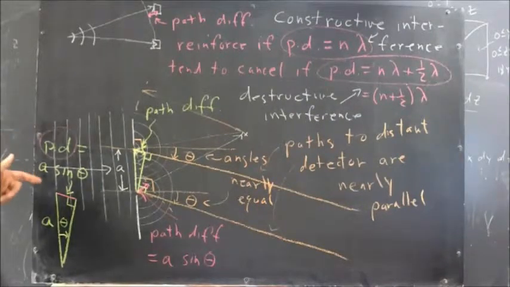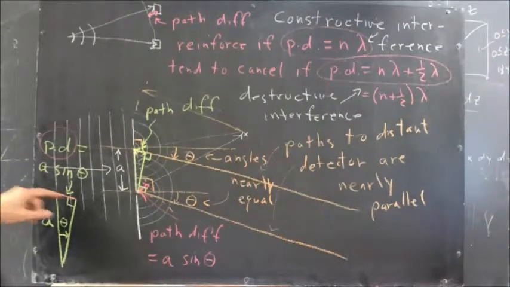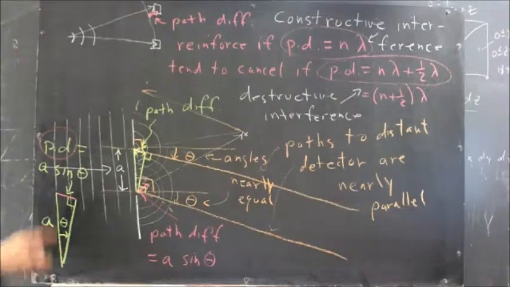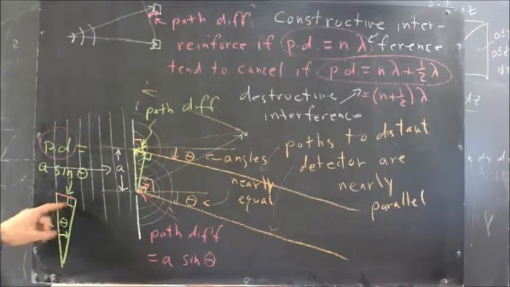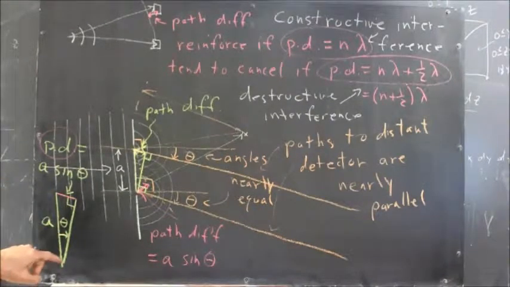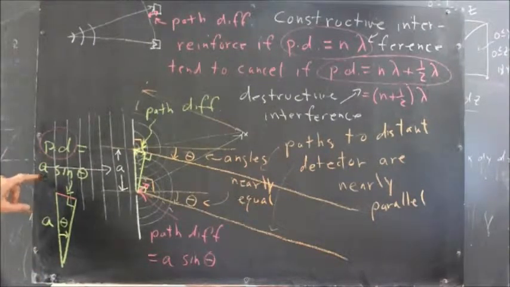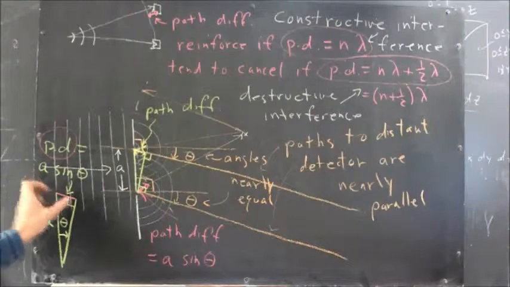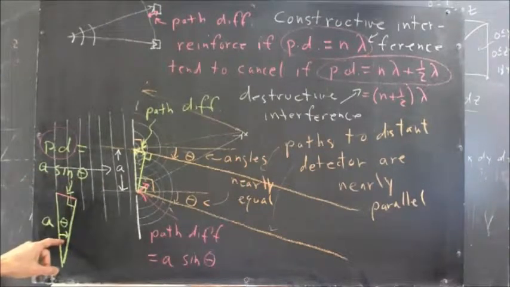Okay, so the path difference is then this side, and this is the hypotenuse, opposite the right angle. Here's the angle theta. This is the side opposite the angle theta. Very simple argument tells you that the path difference is therefore A times the sine of theta. This side is A times the sine of this angle.